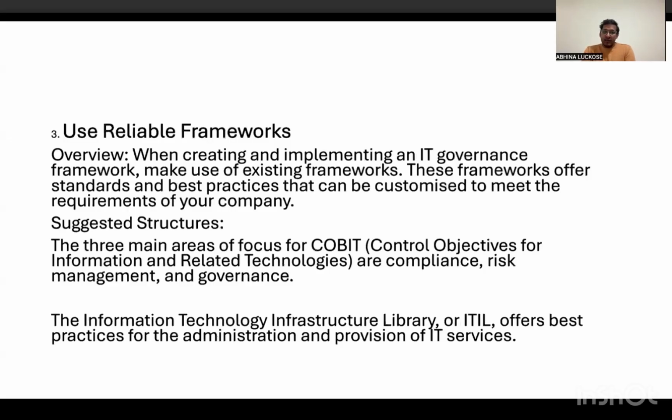Use reliable frameworks. Overview: when creating and implementing an IT governance framework, make use of existing frameworks. These frameworks offer standards and best practices that can be customized to meet the requirements of your company. Suggested frameworks: the three main areas of focus for COBIT, Control Objectives for Information and Related Technologies, are compliance, risk management, and governance.